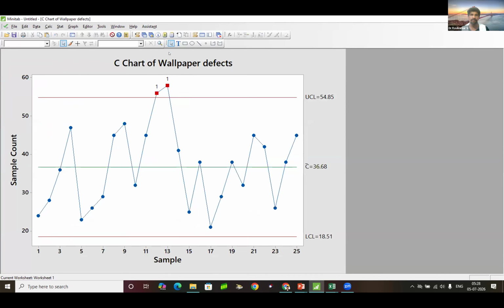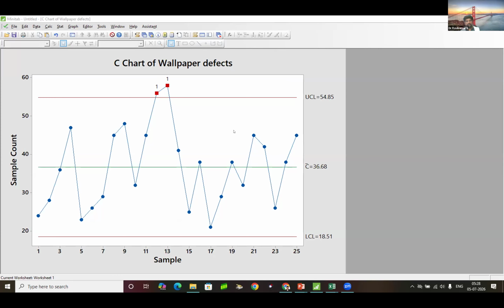What happened? Everybody is silent. Yes, sir. Got it, sir. Actually, Vignesh has asked a question: why does the upper control limit have a zigzag? See, Vignesh, I think you are asking about the variable charts, right? The samples collected are not the same.